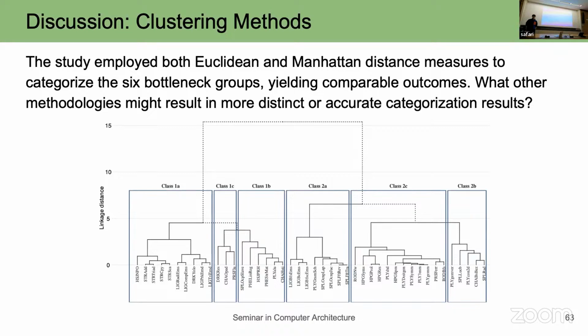And now I want to know from you what other methodologies or practices could one use to find more distinct or accurate categorization results. So maybe think about, for example, machine learning or something like that.